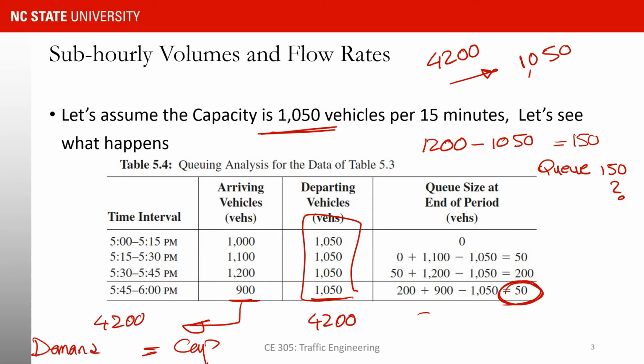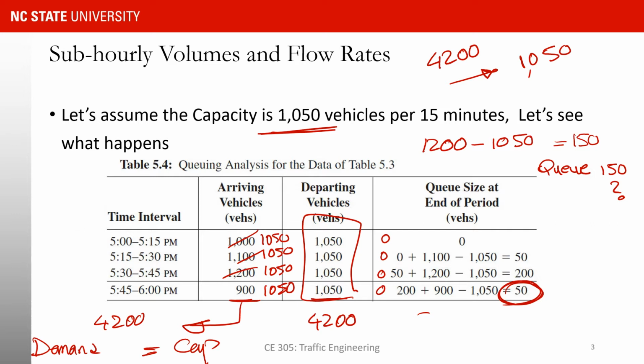So would this be the case if I would have 1050 vehicles coming in each of these time steps? No. In that case, I could process all of those at the end of each time step and my queue was 0.